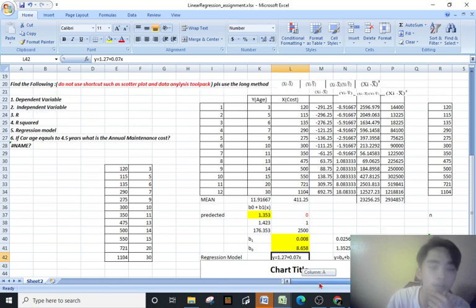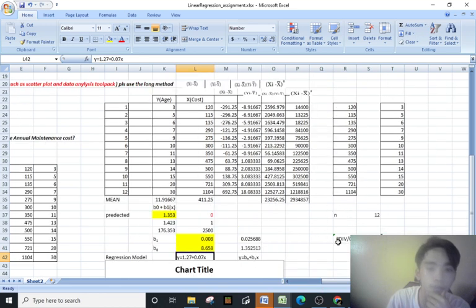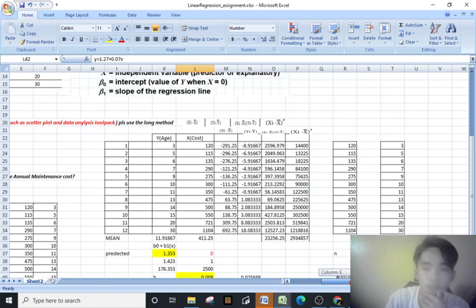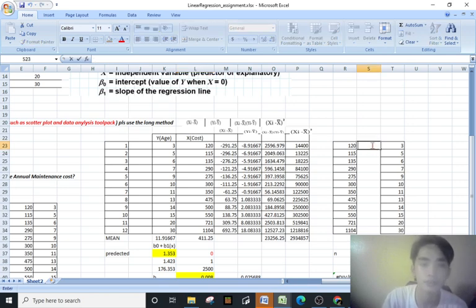So next is to get the R. To get the R, I pasted the two digits, then first this shows that I must multiply it by itself, so multiplied equals, click, then multiply by the same area.